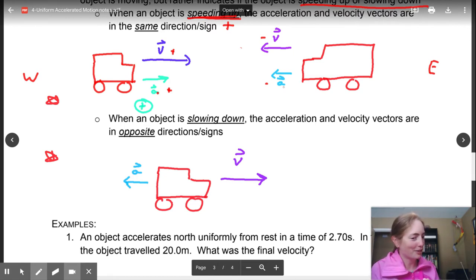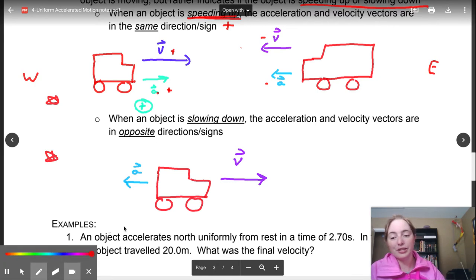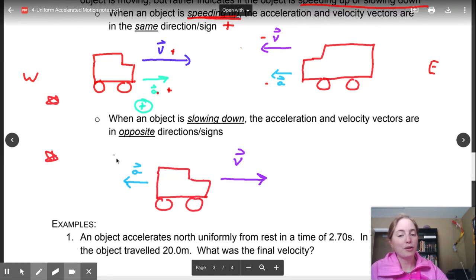Because they're both going in the same direction, that gives us positive. Technically. We're going to be going to the west. The arrows are going in the same direction. You're going to have positive acceleration. You're going to be speeding up. So, same idea over here. And if we flipped this thing around, notice they're still going in opposite directions, so you're going to have negative acceleration.